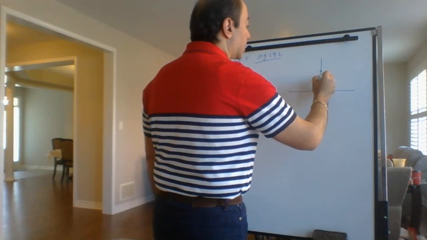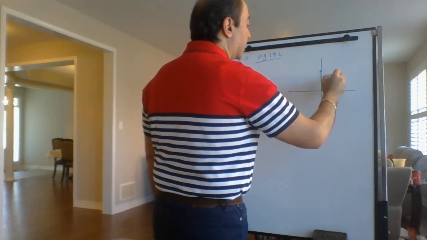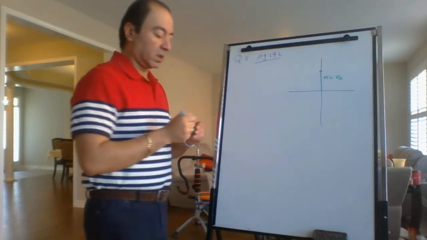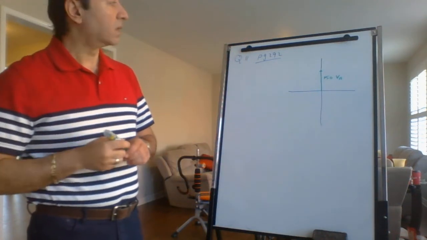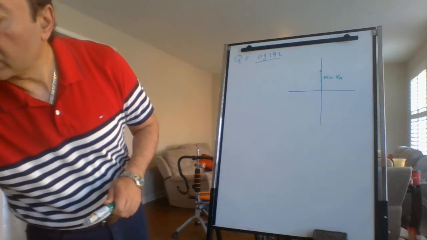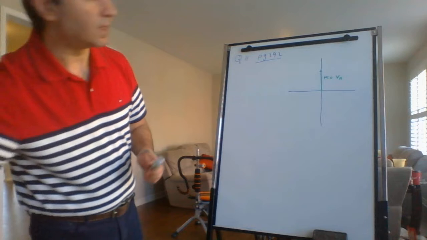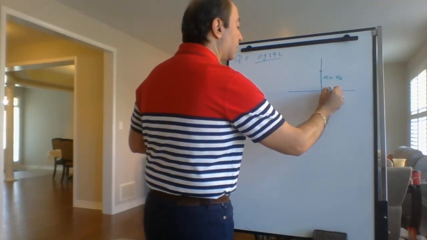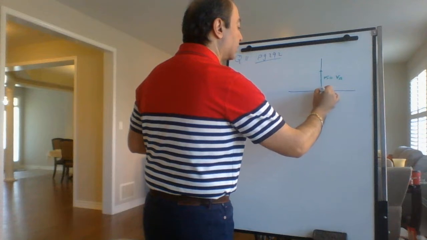So this is 150 and this is the velocity of the aeroplane. Okay, it says that it encounters a wind of 80 km from the east. So there is wind coming from the east here with 80 km.